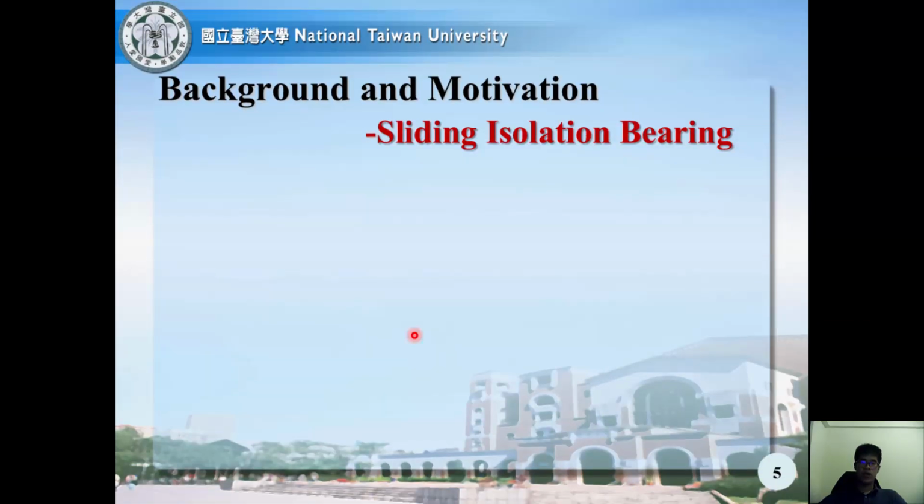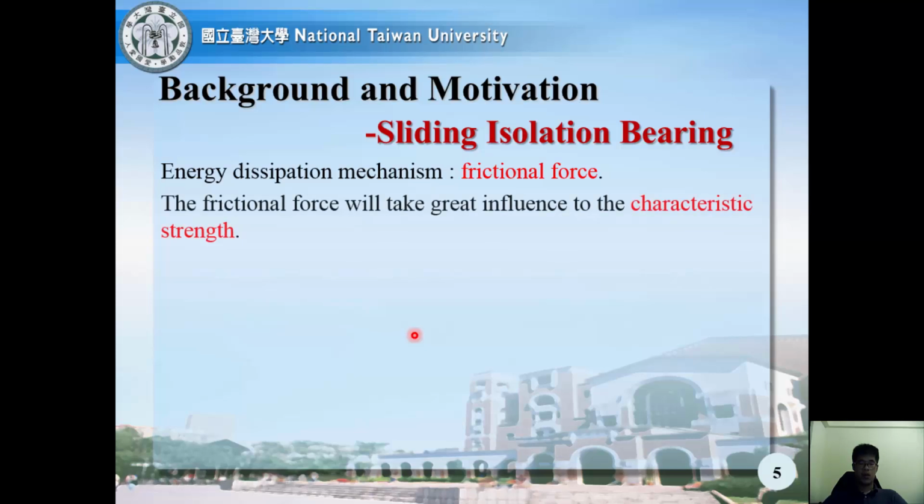One of the most commonly seen isolation bearings is the sliding isolation bearing. For the sliding isolation bearing, the energy dissipation mechanism is mainly provided by the frictional force. The sliding interface between the slider and the sliding surface should use a high friction coefficient material, because it has great influence on the characteristic strength.